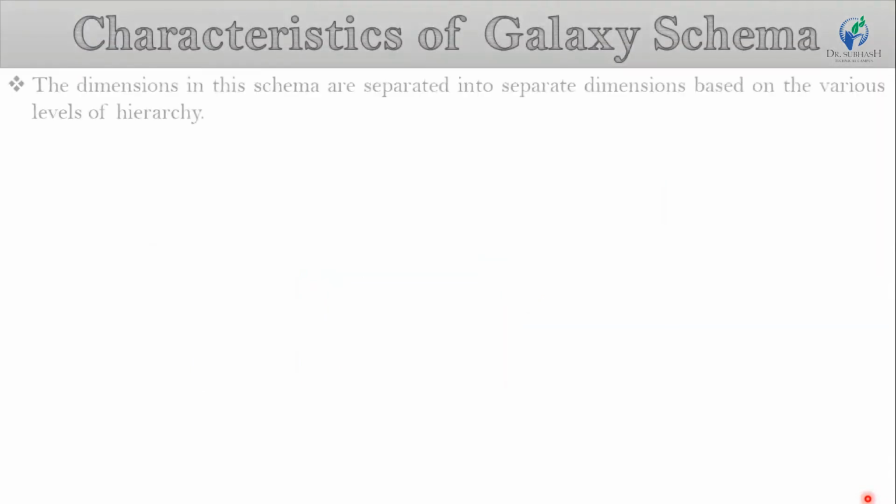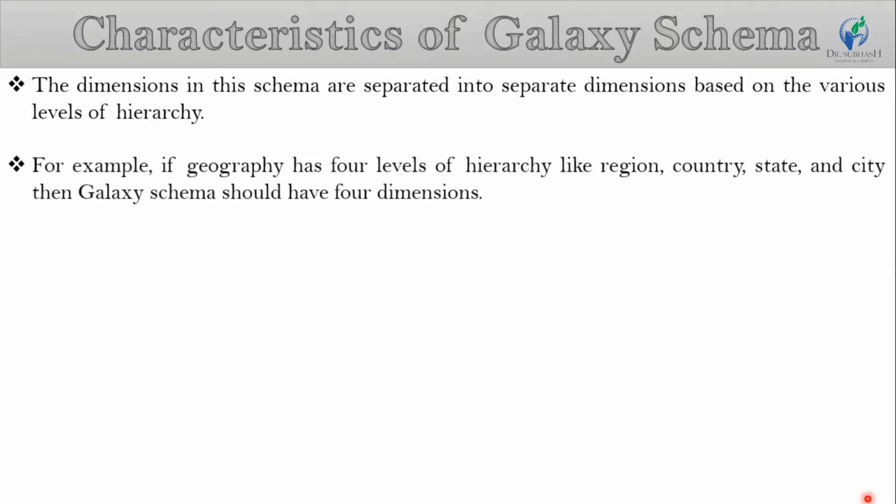Now, I explain the characteristics of galaxy schema. The first is that the dimensions in this schema are separated into separate dimensions based on the various levels of hierarchies. For example, if geography has 4 levels of hierarchy like region, country, state and city, then galaxy schema should have 4 dimensions.